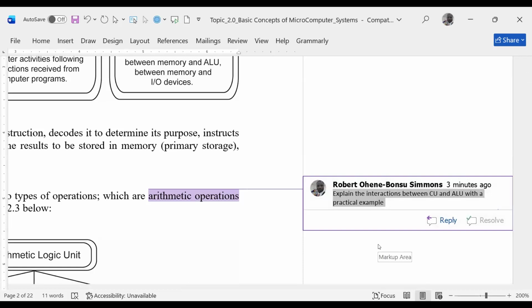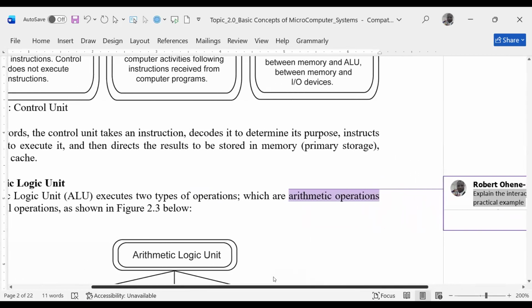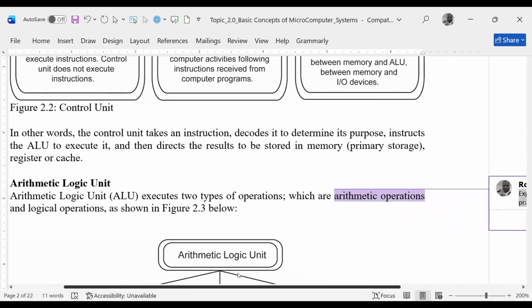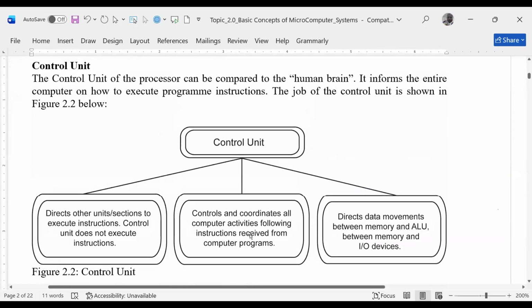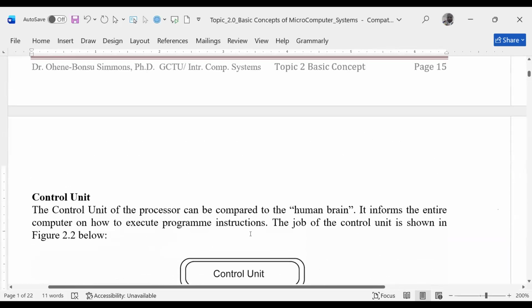For my simple understanding, it is for managing operations inside the CPU. Okay, inside the computer system. Yes. The CU manages operations inside the system unit or inside the computing. Good. What about the ALU?